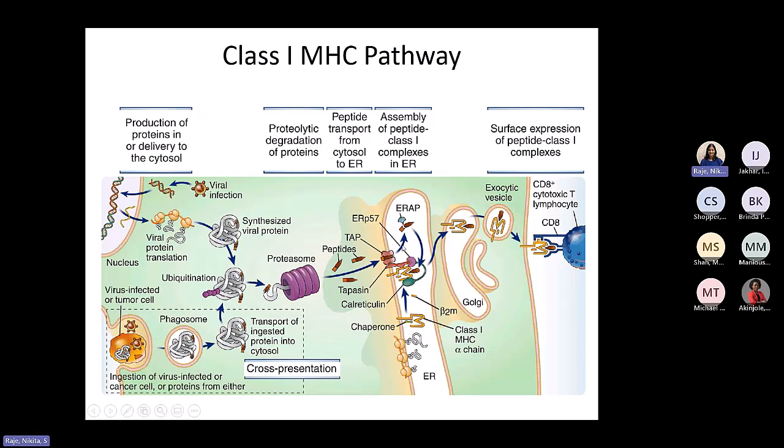the endoplasmic reticulum. Once they enter the endoplasmic reticulum, they can be loaded onto the class 1 MHC molecules that are synthesized on the endoplasmic reticulum. So on the ribosomes or in the endoplasmic reticulum, these alpha chains are being made, and chaperone proteins help in getting these alpha chains to interact with the beta 2 microglobulin chain.